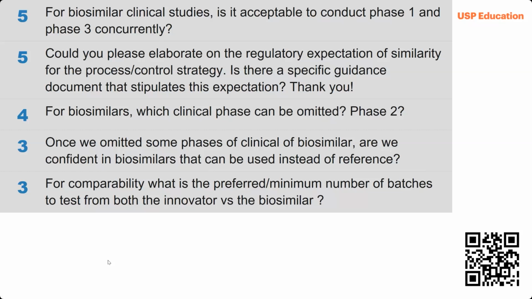Phase 1, phase 2 are really going to be the safety piece, but these additional clinical studies can't be considered phase 3 or pivotal, in my opinion. Those are necessary for the standalone development of an innovator product. But as far as biosimilars are concerned, your clinical program just really needs to demonstrate the same level of safety, efficacy, and at the end of the day, really similar clinical benefits. So I don't know if it's as clean as we can just skip these clinical steps. What's your opinion there, John?